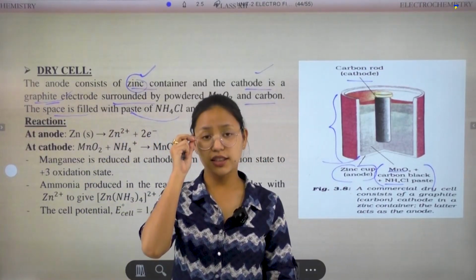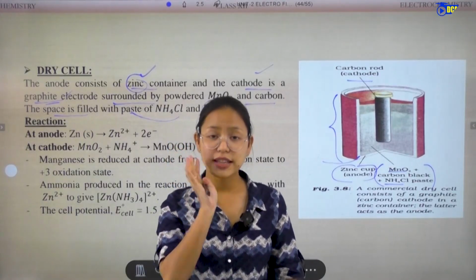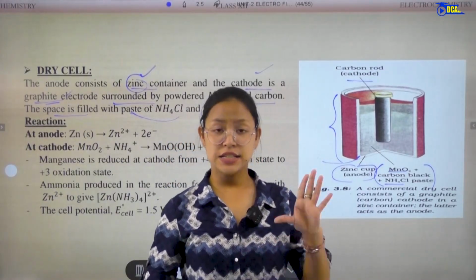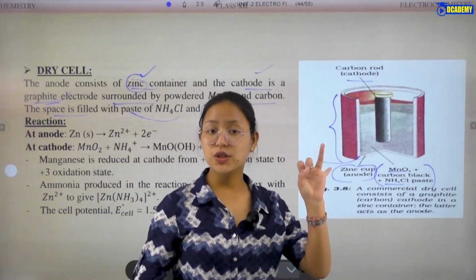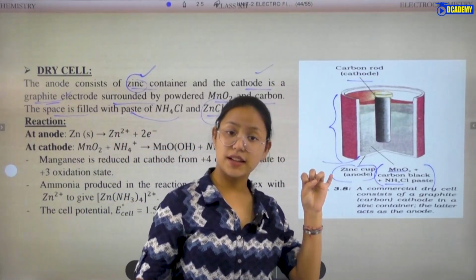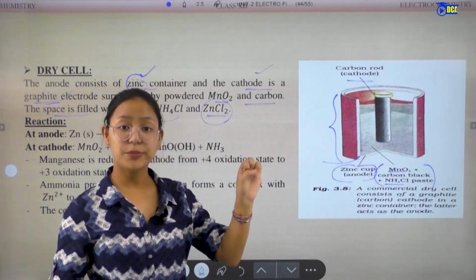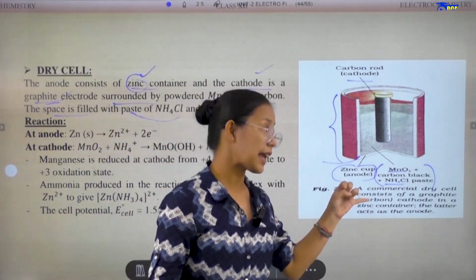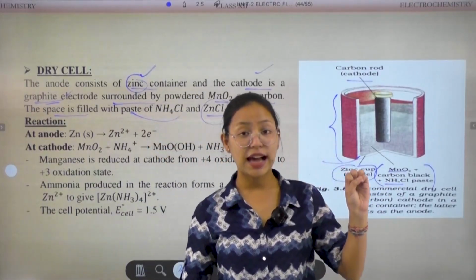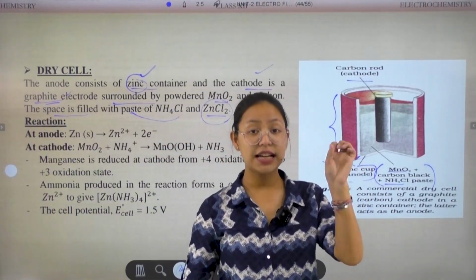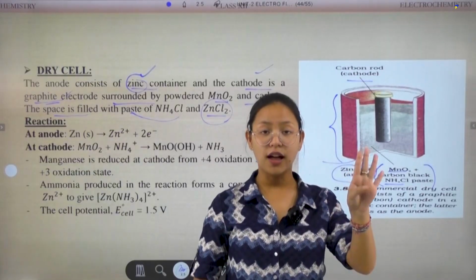So the elements in a dry cell are mainly zinc, carbon, manganese oxide, carbon black, and graphite carbon, and the last one, ammonium chloride, with zinc chloride as an addition.